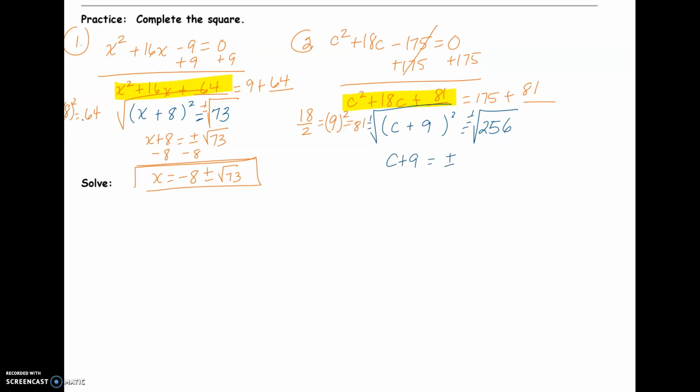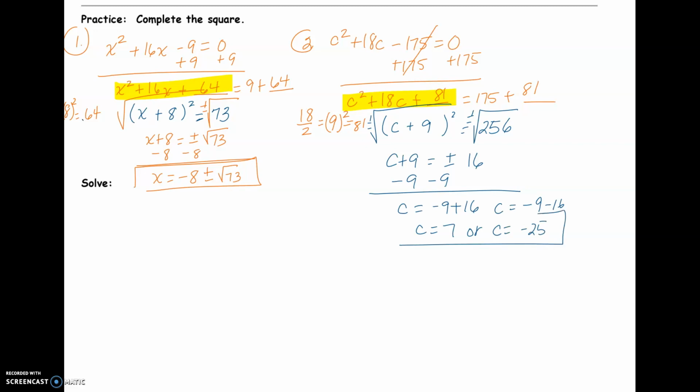And 256 is 16, right? So we have plus or minus 16. We're going to subtract 9 from both sides. When we do that, we get c equals -9 plus 16, and c equals -9 minus 16. So c equals 7, or c equals -25.